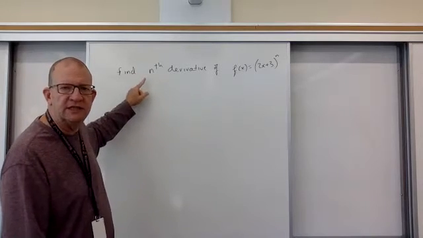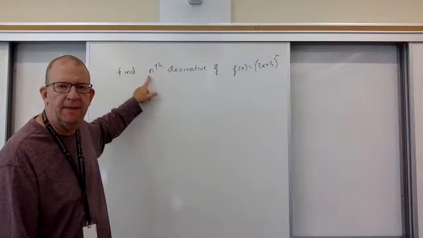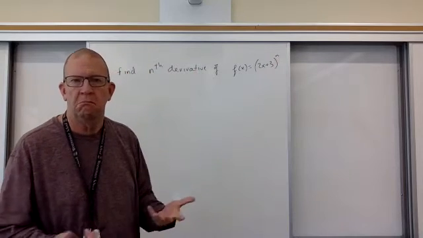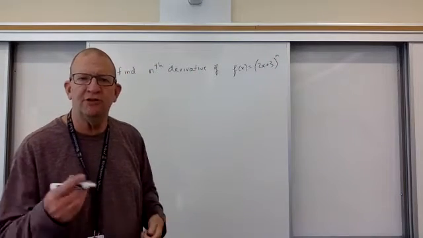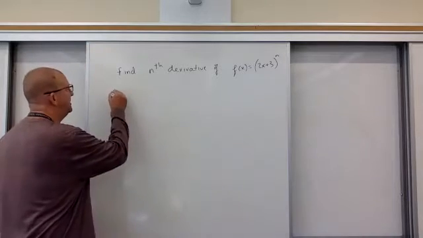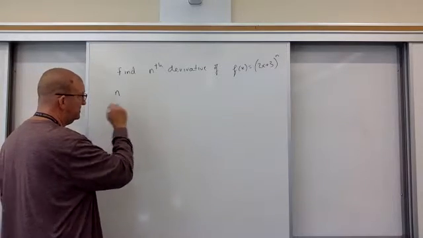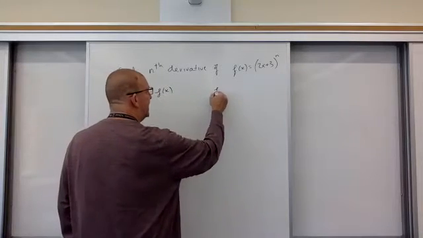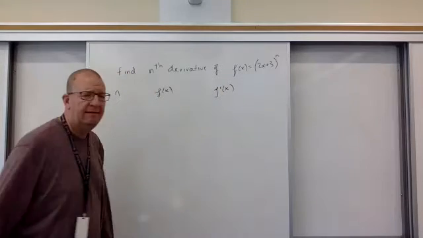Here's what we notice. This n here and that n here, they're the same n. So let's set up a little table and see if we see a pattern. So let's make n here. Let's let f of x be here. And then let's let f prime of x be here.